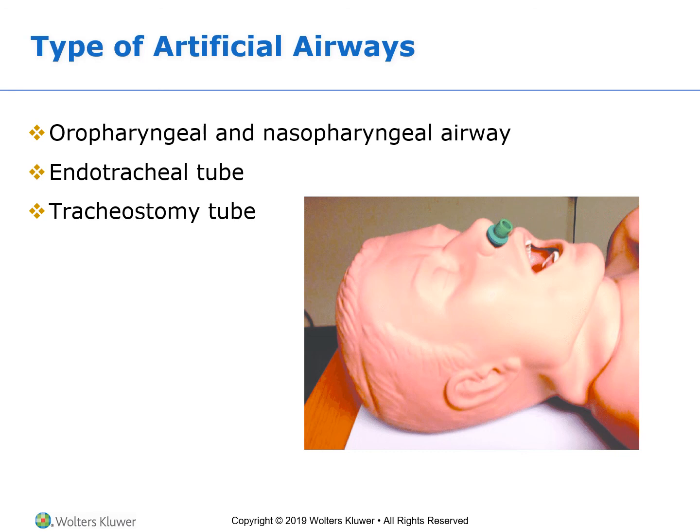Endotracheal tubes, these are an airway that's inserted through the nose into the trach. It's inserted with a laryngoscope, and it's used to help administer oxygen through a mechanical ventilator or to suction secretions or maybe to bypass some upper airway obstruction like the tongue or tracheal edema.